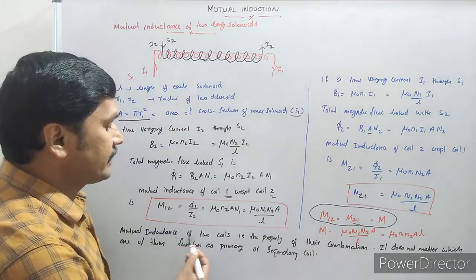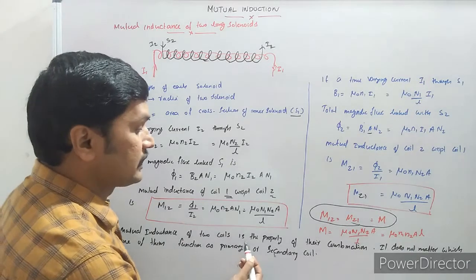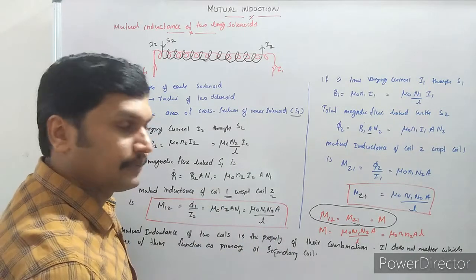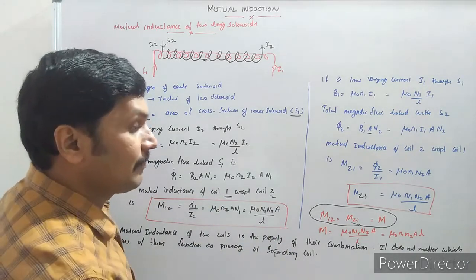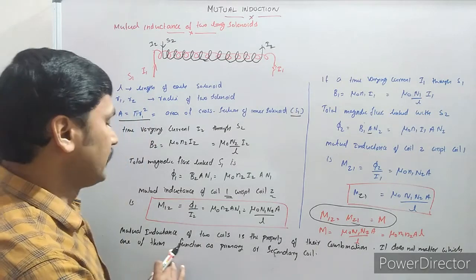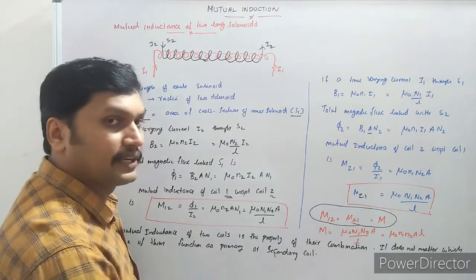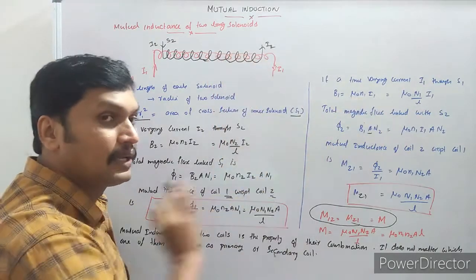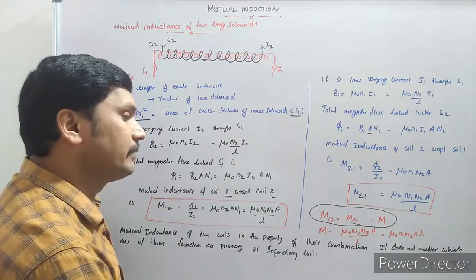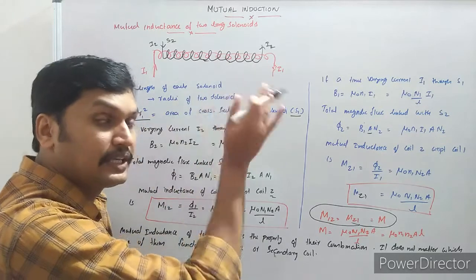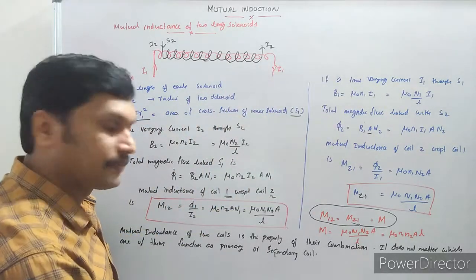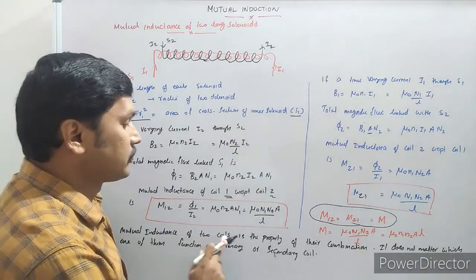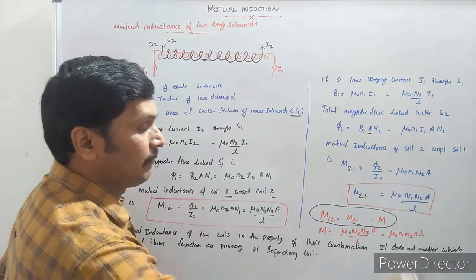So the mutual inductance of two coils is a property of their combination.